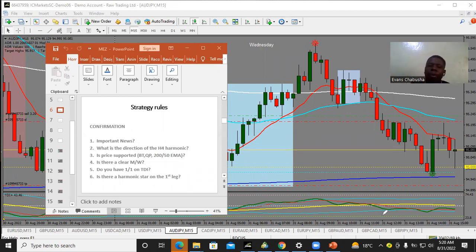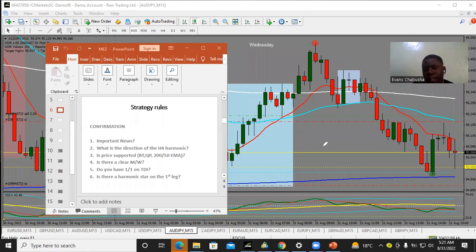So what I mean by 1-1 on TDI is that if you look at the green line, the first leg here of the M, and that is your second leg there.